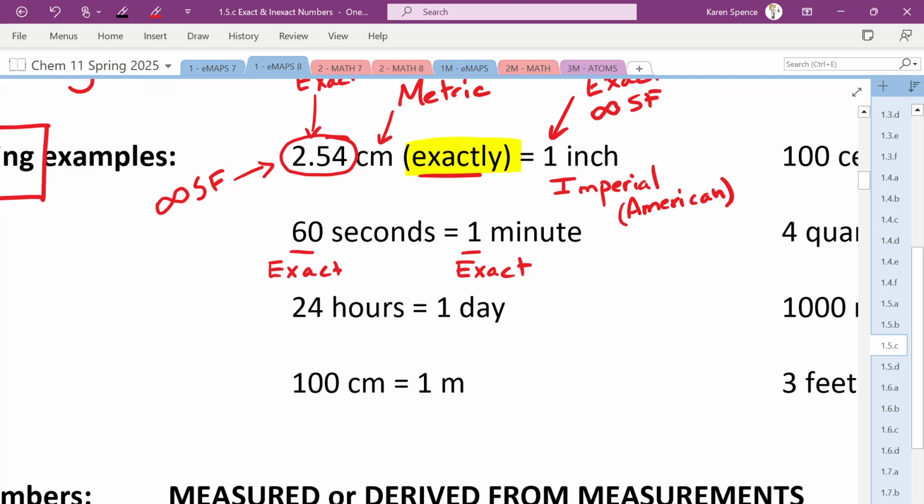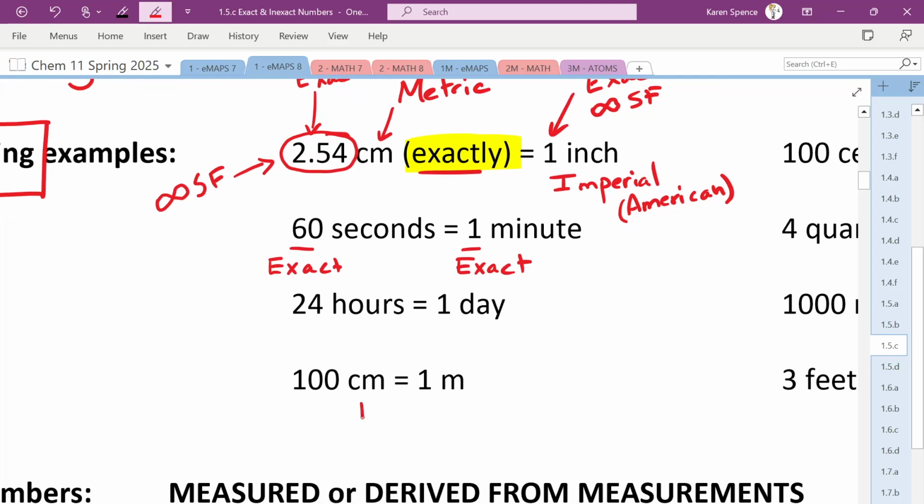Now, this next one, we have a metric unit and a metric unit. Anytime you go from metric to metric, those are going to be exact. Okay? There's not approximately 100 centimeters in a meter.